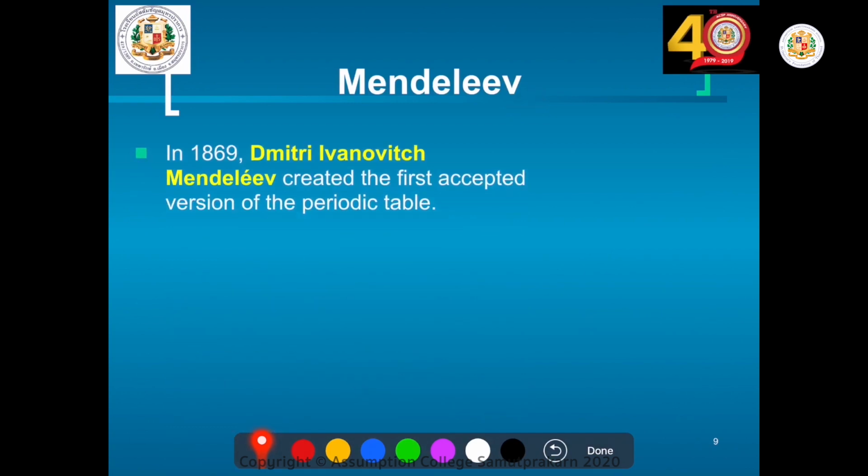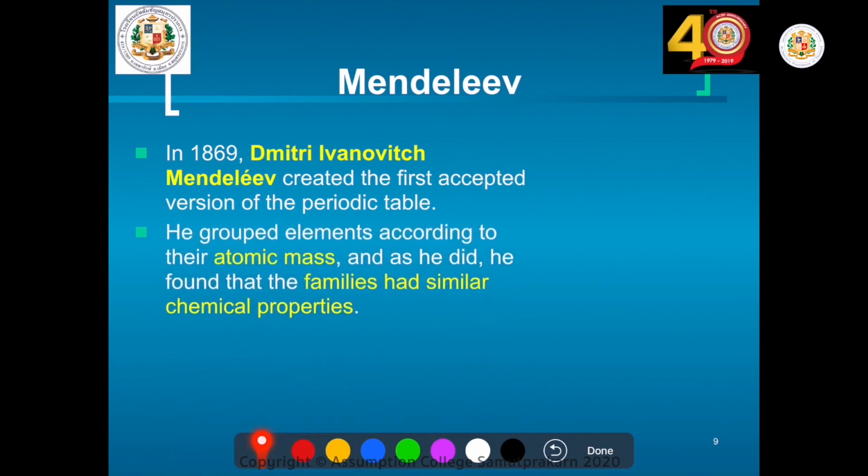So, in 1869, Dmitry Ivanovich Mendeleev, who is an Italian scientist, created the very first accepted version of the periodic table, and he grouped the elements according to their mass number because he found out that every element has a different mass. But right now, we are grouping the elements according to their atomic number, okay? And each of the elements are divided into families or groups, and these families have the same chemical properties.